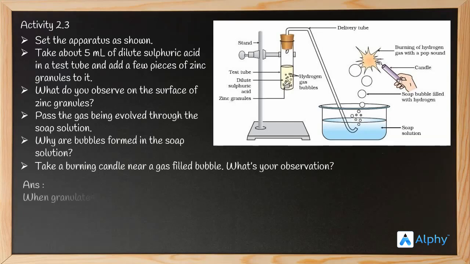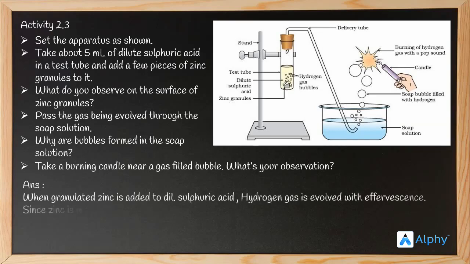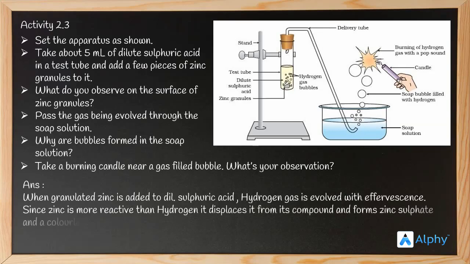Now the answer will be: the granulated zinc is added to dilute sulfuric acid. Hydrogen gas is evolved with effervescence. Since zinc is more reactive than hydrogen, it displaces it from its compound and forms zinc sulfate. A colorless, odorless gas is evolved with effervescence. So let's understand what actually happens here.